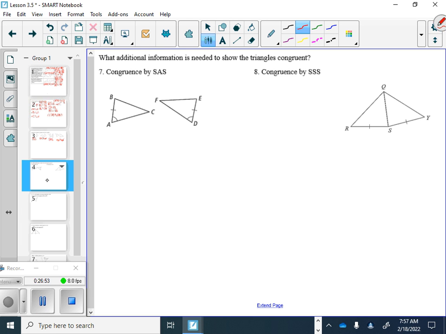Perfect. AC and DF. Remember the angle needs to be in between the sides. So that gets me here, and then I need to make sure I name that correctly. If I name the first one side AC, I started off with the angle, I need to start off with the angle over here. So I need for those to be congruent to each other.